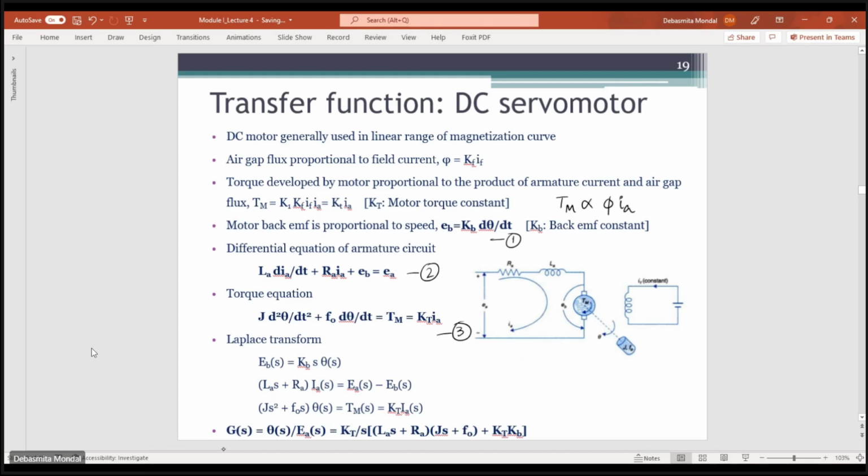The output of my system is theta, the angular displacement of the motor, and the input is the armature voltage that I am providing. So G(s) will be equal to Theta(s) by Ea(s), and from these three equations you can write the transfer function of this armature controlled DC servo motor.